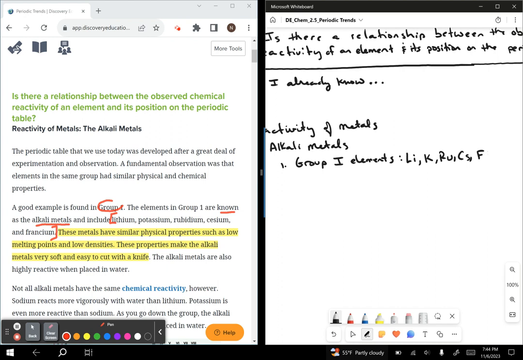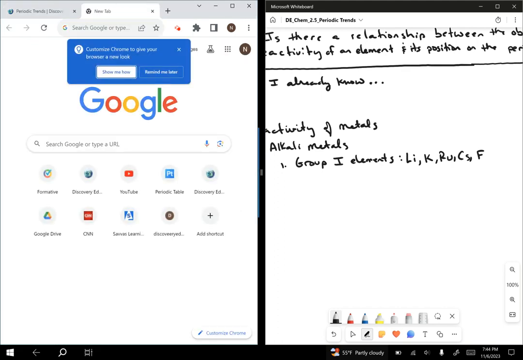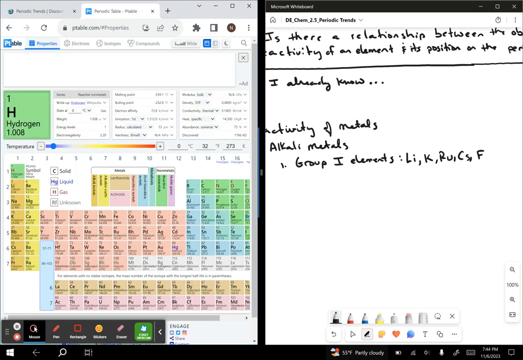Let's actually whip open a periodic table here just to double check on this. Francium, Fr. Cesium was Cs, rubidium was actually Rb. Let's correct that. Potassium, sodium, lithium. Okay, good. We got those.